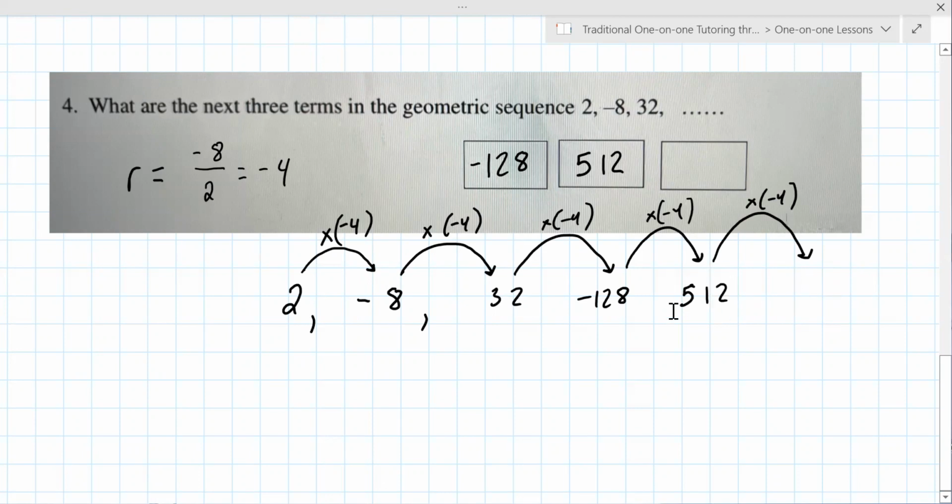But to get the next number, you've got to take this current value and multiply it again by -4. So go ahead and do that and give me the answer for that one, please.